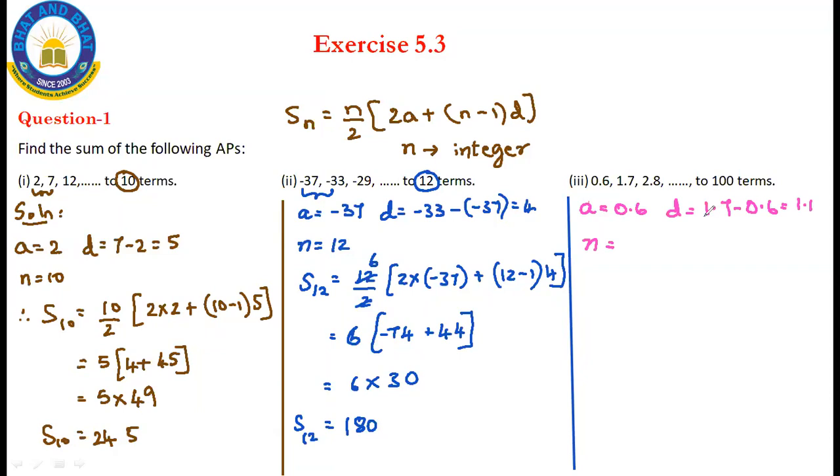Yes, it is 100. It is given in the question. N is equal to 100. So S100 is equal to 100 divided by 2 into 2 into 0.6 plus 100 minus 1 into D. So simplify and tell me the answer to this. Yes, let me know.